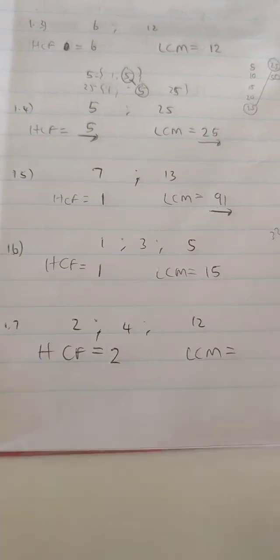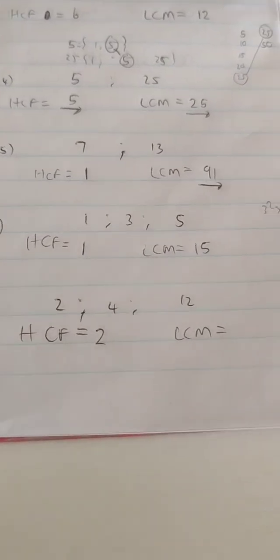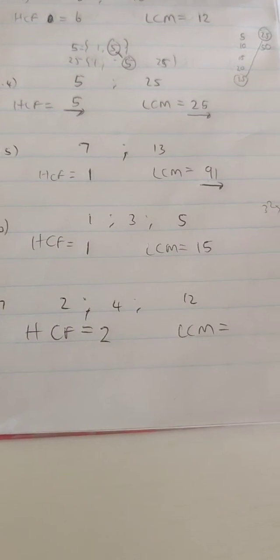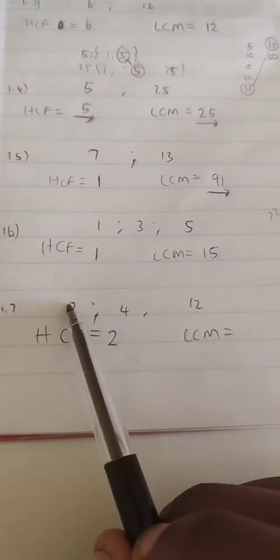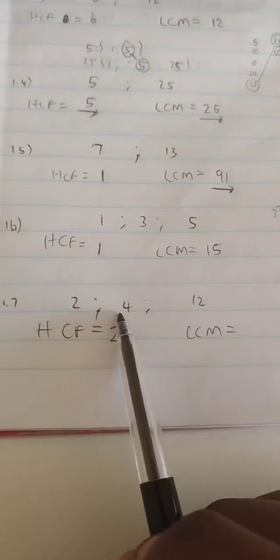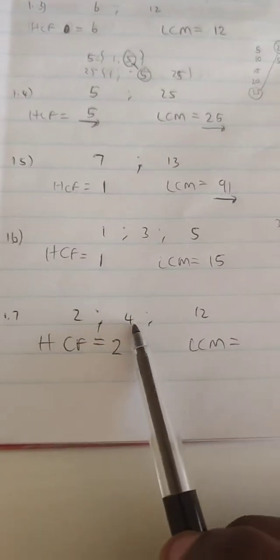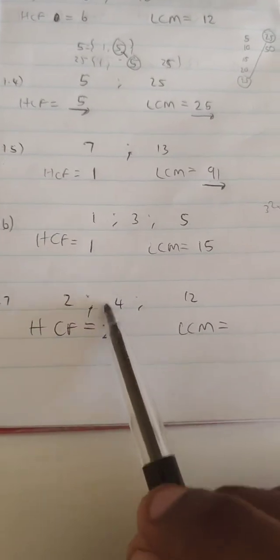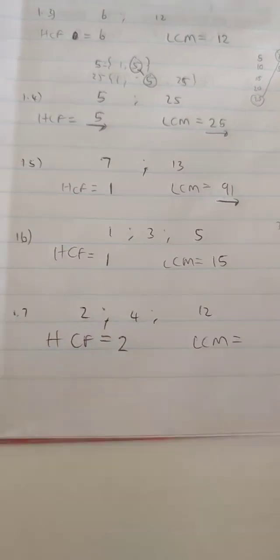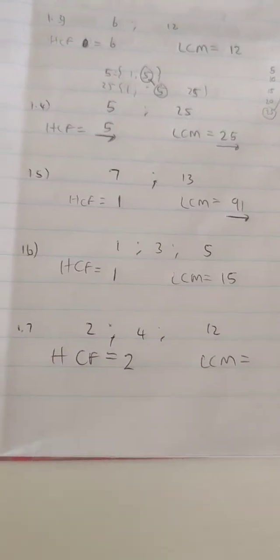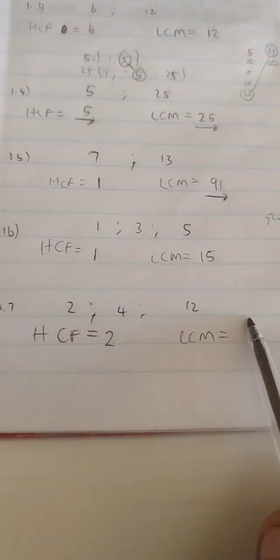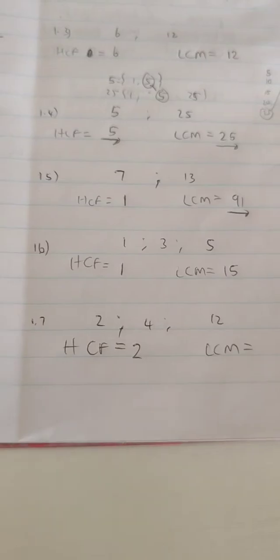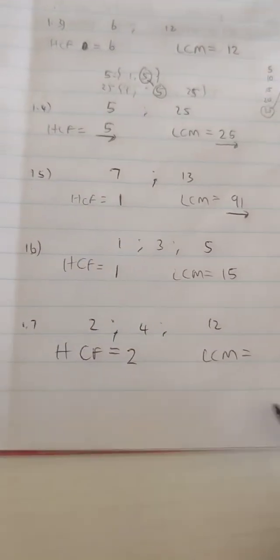So when we talk about multiples, you should think of multiplication. The multiples of 2 you should know, because your 2 times table you know very well. The multiples of 4 you should know off by heart, and the times table of 12 you should also know, because in grade 7 the requirement is that you know your times table from 1 to 12.